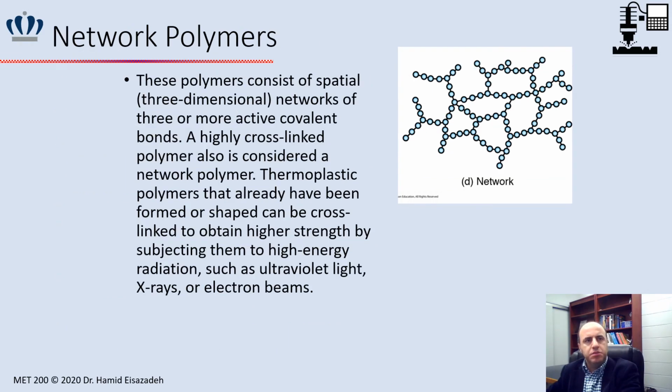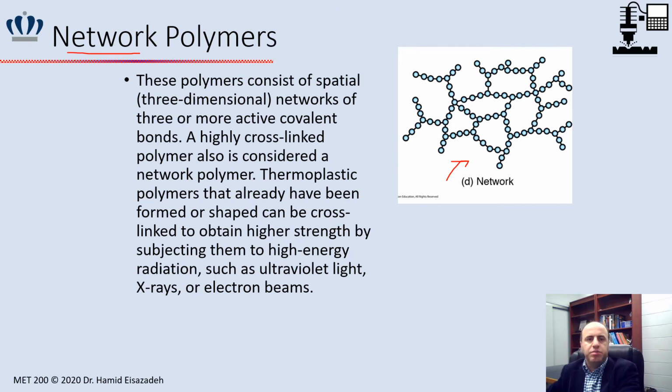The last structure is called network structure, where we have a network of three or more active covalent bonds, as you see here in this slide, and it's a highly cross-linked polymer. And thermoplastic polymers can be cross-linked to obtain higher strength.